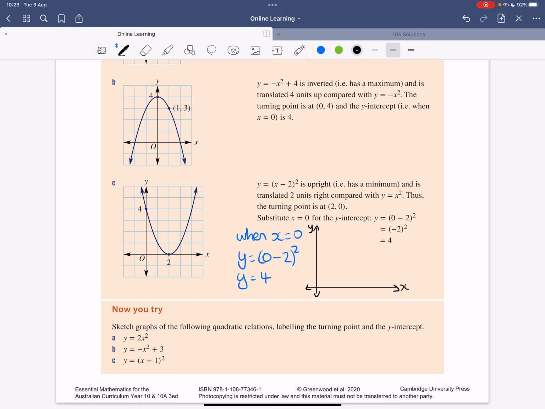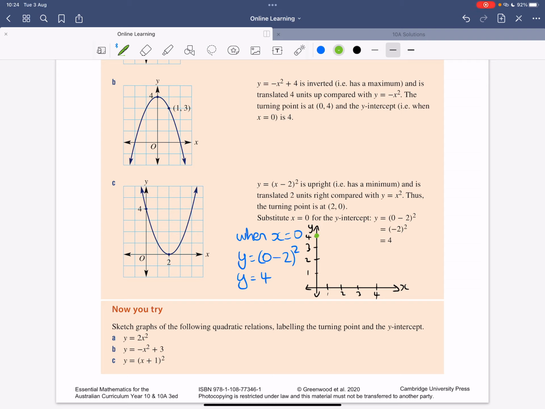And we'll label the axes just to get some accuracy here. Let's label that 1, 2, 3, and 4. So what we do know is the y-intercept is at 4. We just established that when x equals 0. So I'll use a green line and put that there.